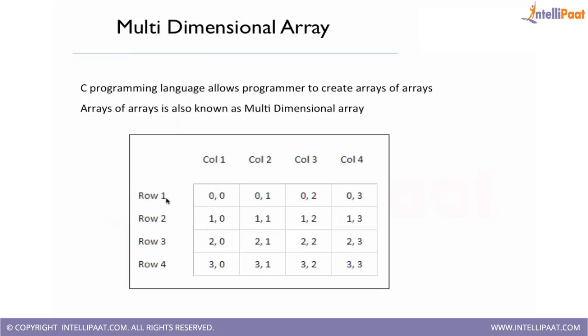That means the first index will always be the row, and which element we have to access will be the column. If you want to access the element in the first row and third column, it will always be first row, third column. This is how you can access it. You need to give a of 0 and 3.